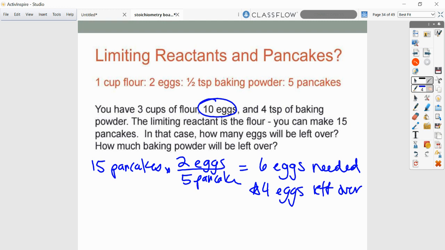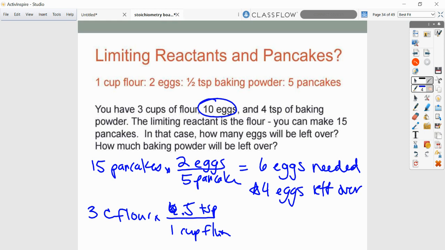And what's cool about this is that I could also go from the 3 cups of flour. So that's my limiting ingredient. So I could say 3 cups of flour. And I know that for every 1 cup of flour, I would need 1/2 teaspoon or 0.5 teaspoons of the baking powder.